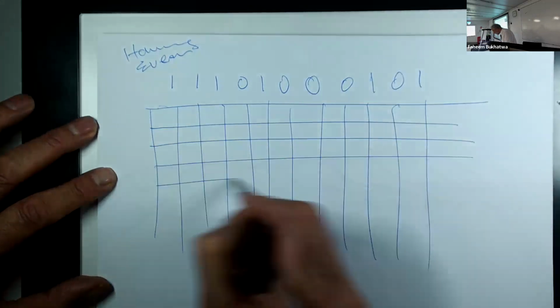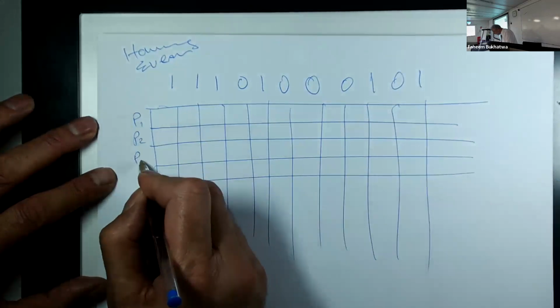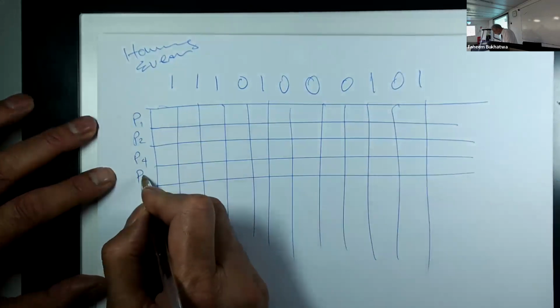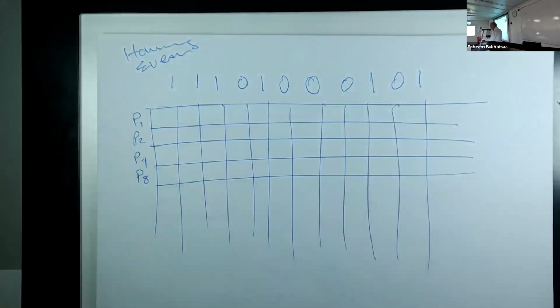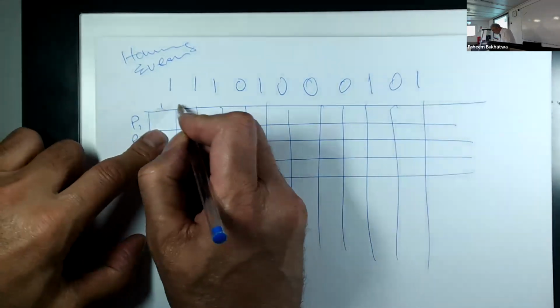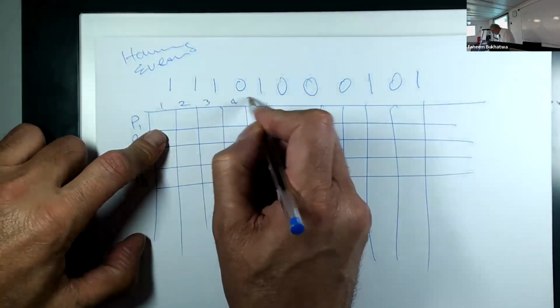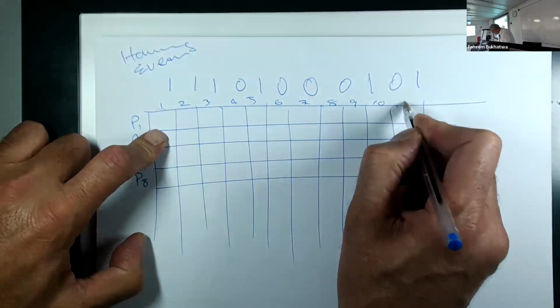All right, so we're going to have 4 groups: parity 1 group, parity 2 group, parity 4, and parity 8. Who's going to give me the bits for parity 1? Let me number them here: 1, 2, 3, 4, 5, 6, 7, 8, 9, 10, 11.